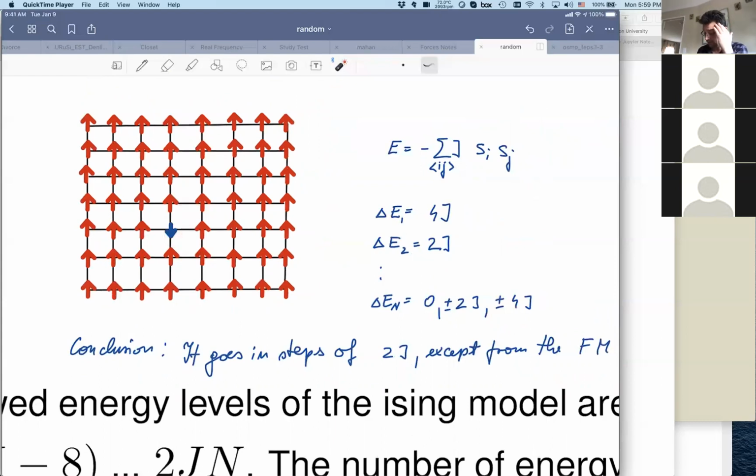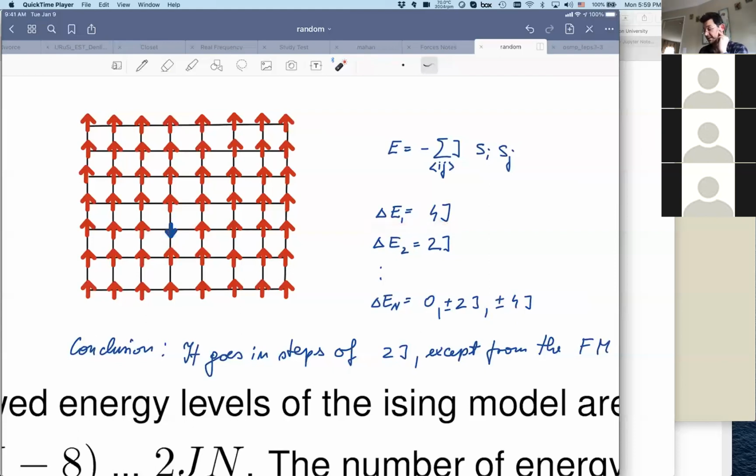We look at how many bonds we're going to break. So 1, 2, 3, 4 bonds. We could also just look at the Weiss field. The Weiss field in this case is 1, 2, 3, 4, plus 4, and the spin is the same as the Weiss field, so therefore the delta E is going to be 4J. Or in other words, we just look at how many bonds we're going to break. This is 4 bonds. So the energy cost in this case is 4J.